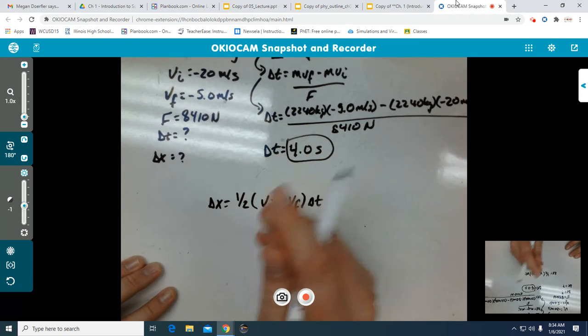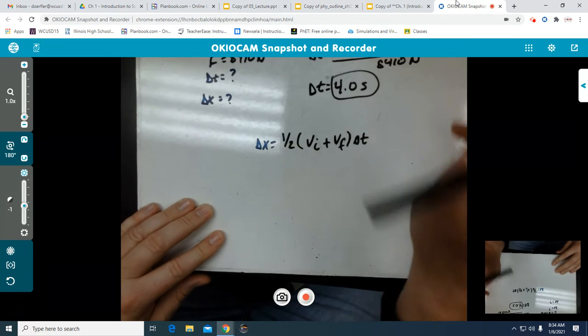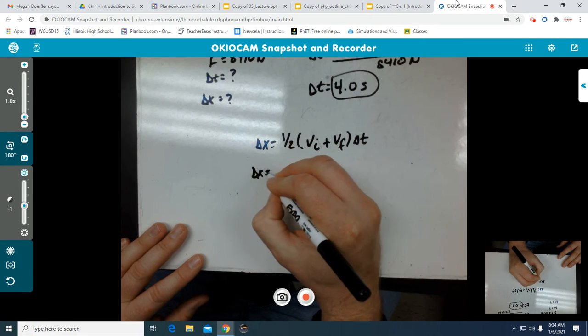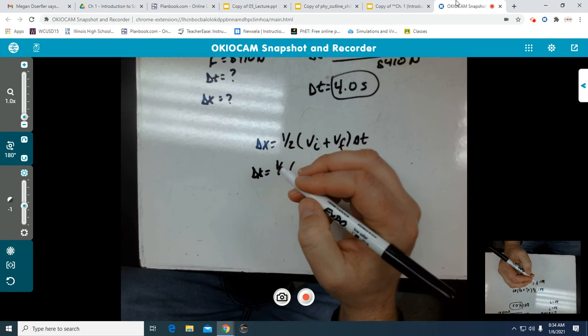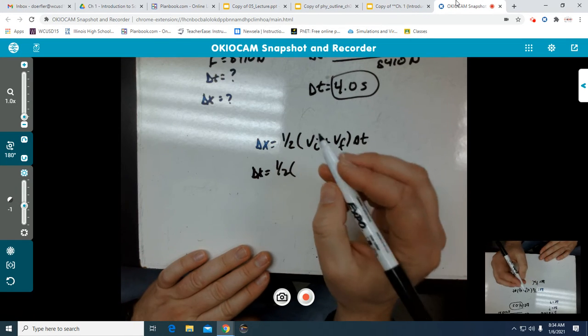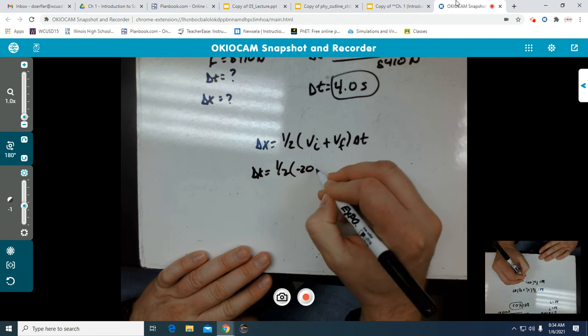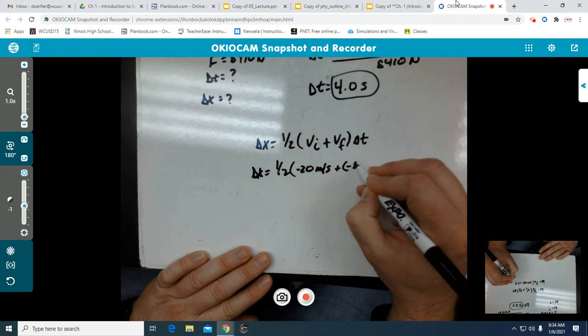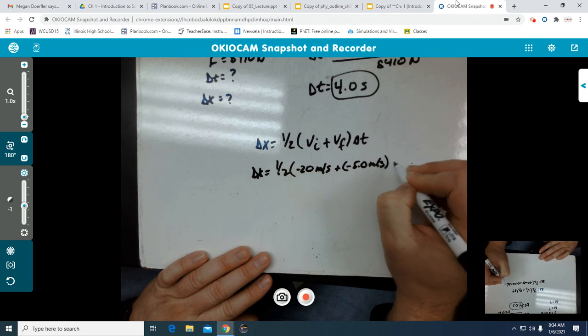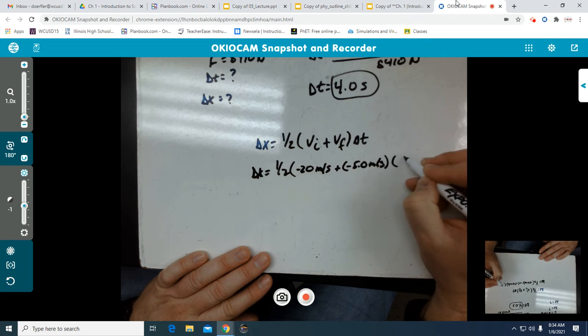Now we can go ahead and start solving for our displacement. So 1/2 times our initial, negative 20 meters per second, plus our negative 5 meters per second, multiplied by 4.0 seconds.